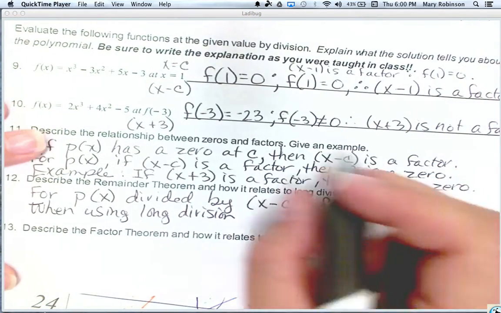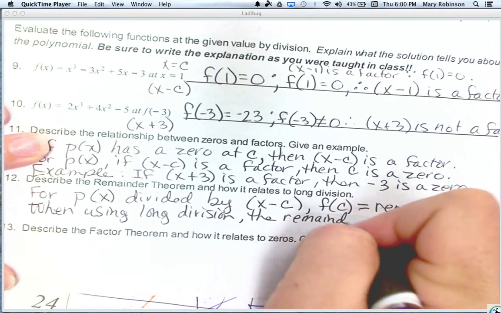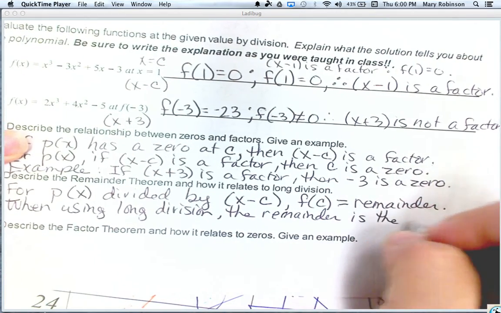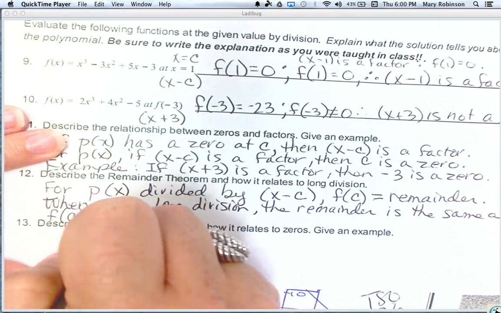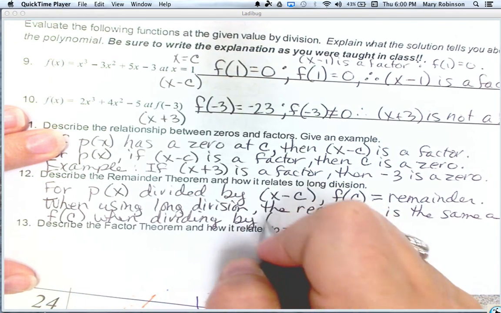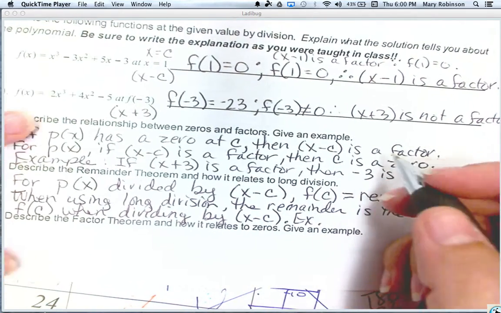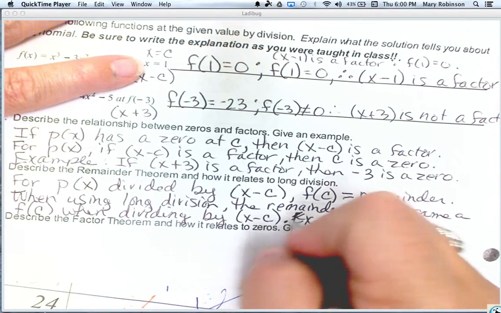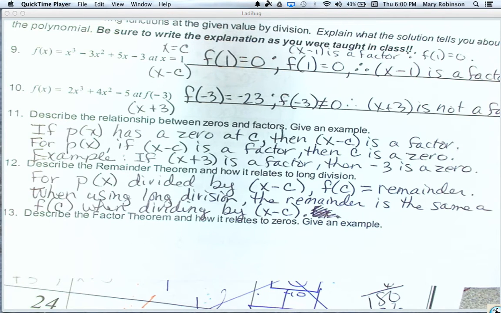When using long division, the remainder is the same as f of c when dividing by x minus c. For p of x divided by x minus c, f of c is equal to the remainder. So when using long division, the remainder is the same as f of c when dividing by x minus c.